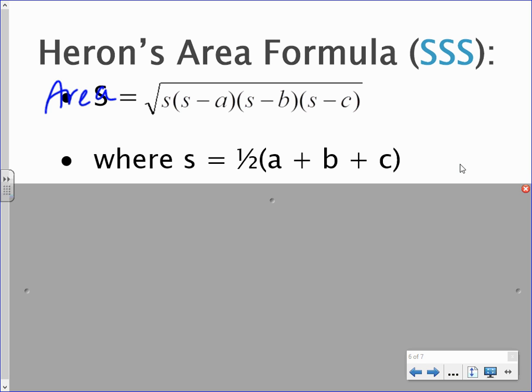So this is Heron's formula. When you come up with a formula, you get to name it after yourself.